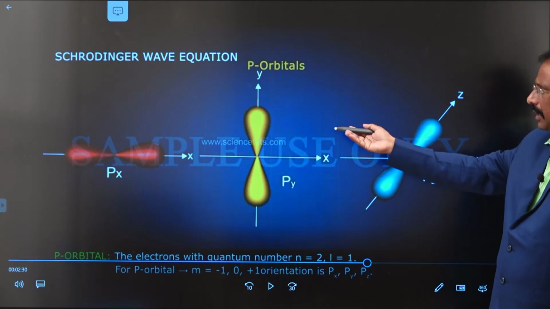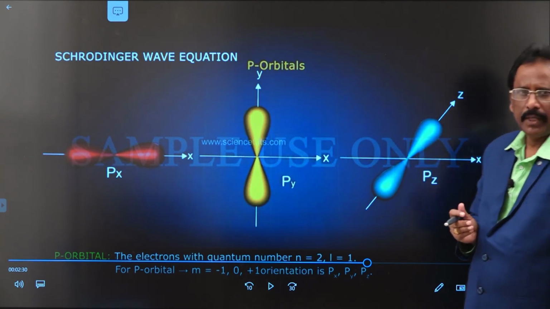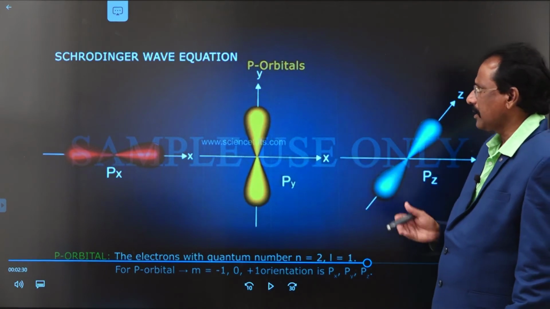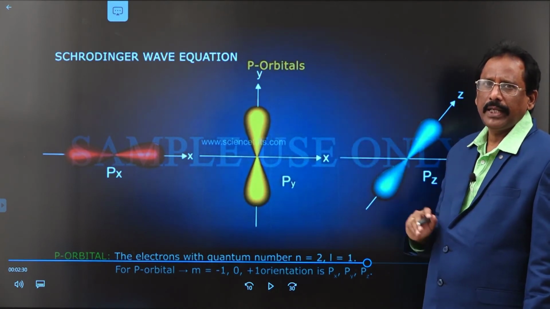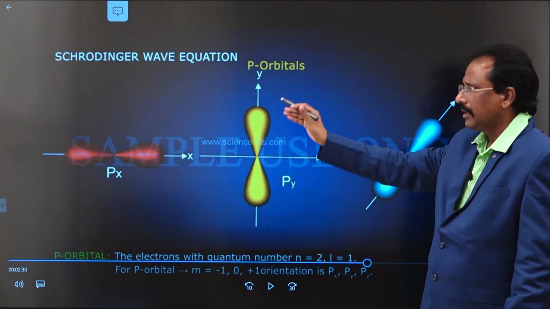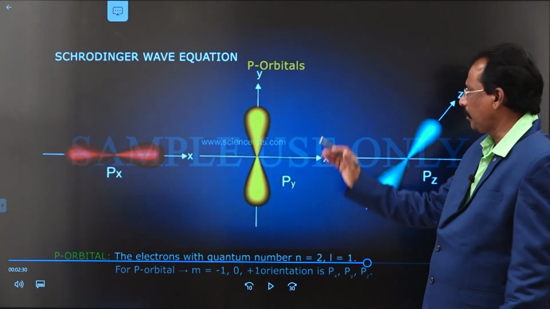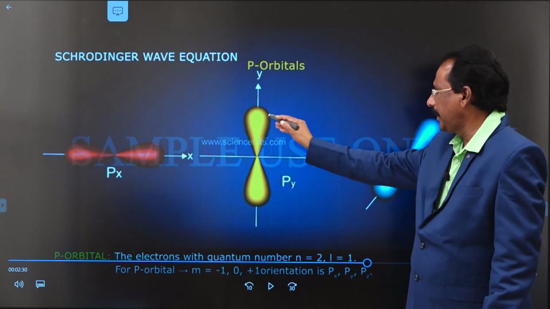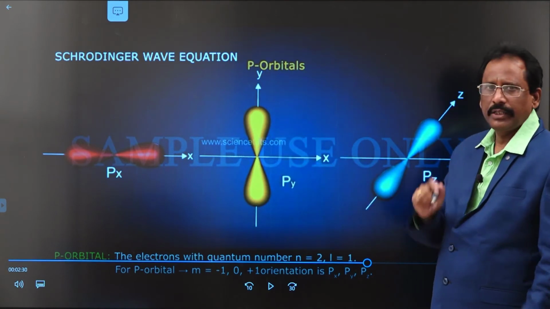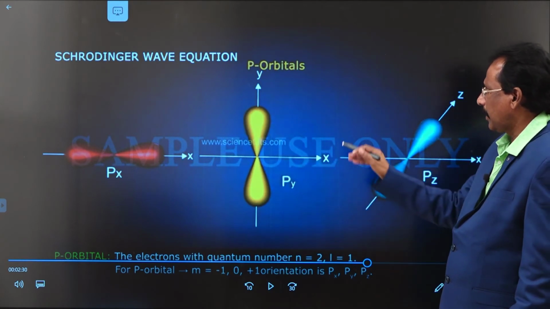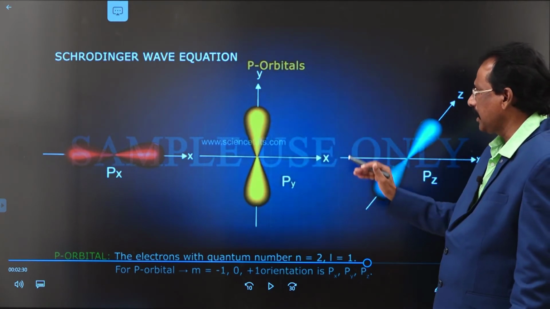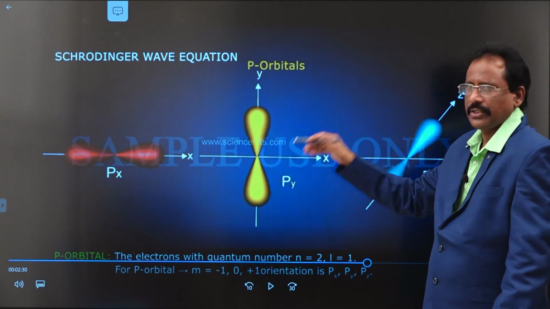For example, for px orbital, very important bit, yz is the nodal plane because in that plane there are no lobes. Lobes indicate the probability of finding the electron in the form of dots. This thick region indicates the probability of finding the electron is concentrated along the x direction.